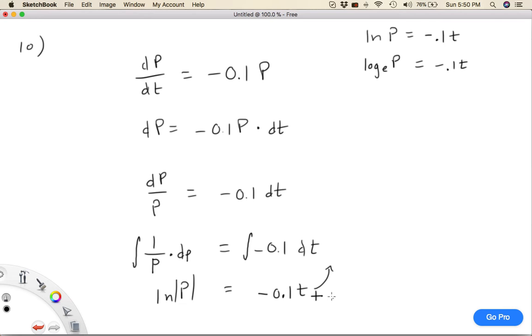So I'm just going to add it over here. So this is plus some constant. Okay, so now what we're going to do is we're going to turn our log into an exponent. So log base e of p is equal to something really means e to that power, so e to the negative 0.1 t plus a constant is equal to p.